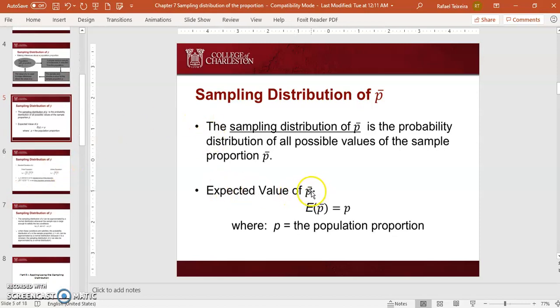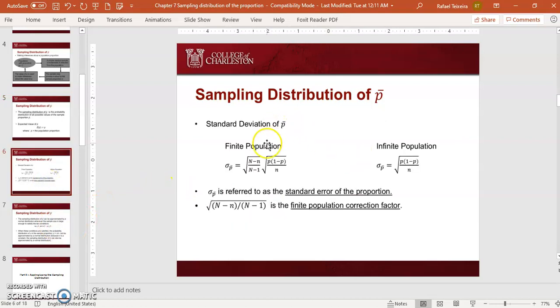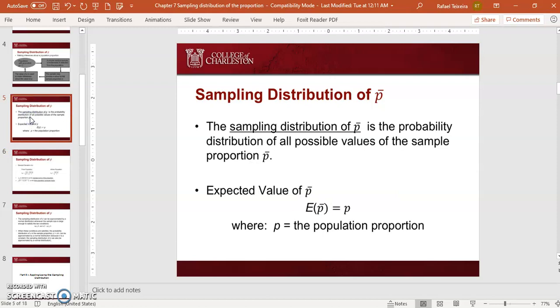So the expected proportion for the sample, again, we are talking about the sampling distribution of the sample proportion. P-bar is the sample proportion. The sampling distribution is composed of the expected value and the standard deviation. These are always the two pieces of information that you need when talking about the sampling distribution of the sample proportion or sample mean.